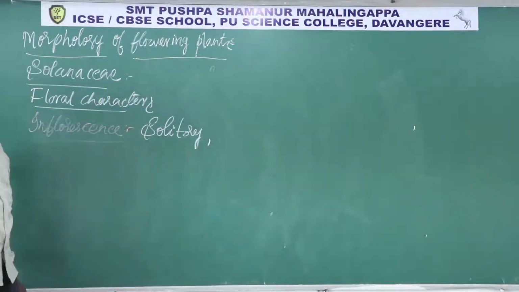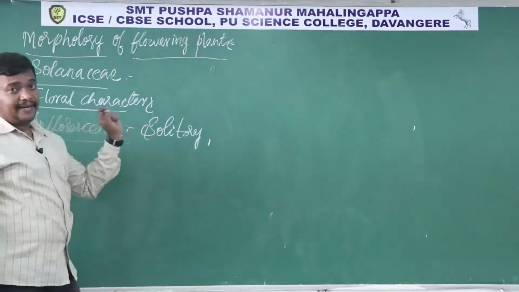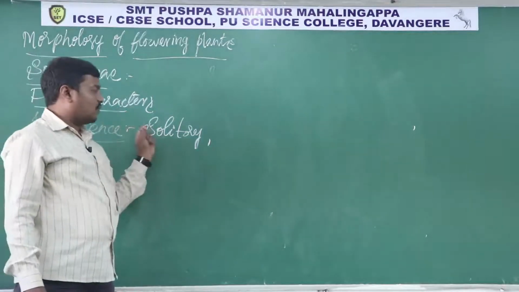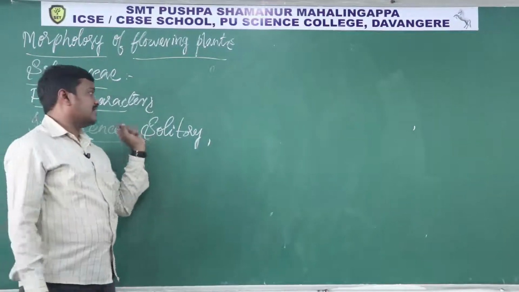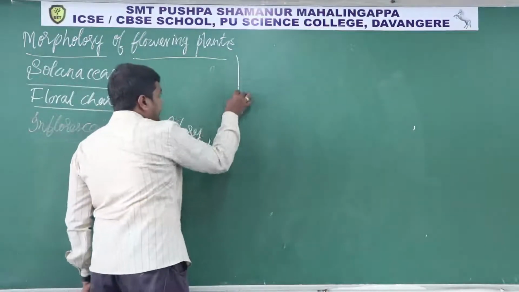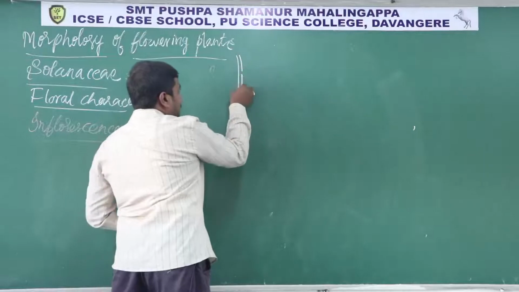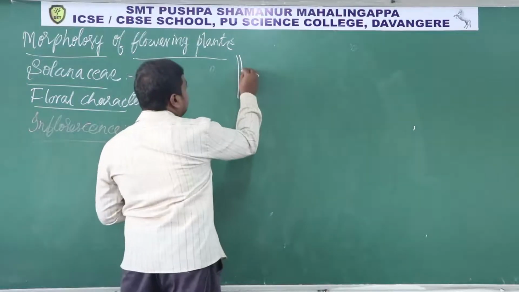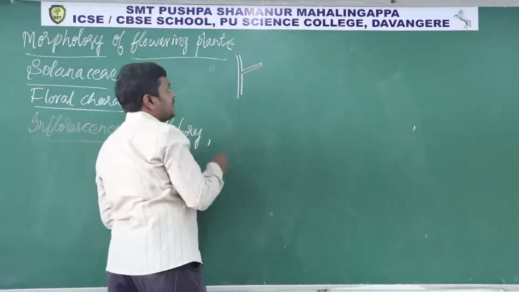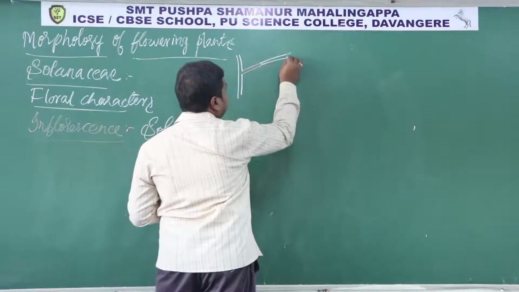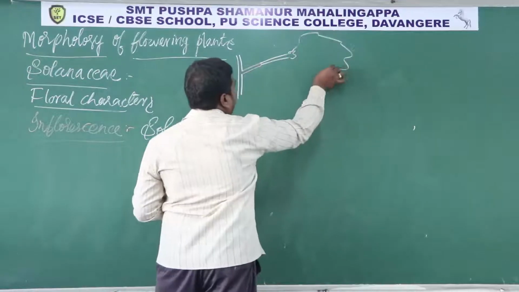Solitary means a single flower is present at the stalk of the peduncle. Okay, in inflorescence only one flower is there, a single flower, and that we call solitary. So in that solitary flower, actually there could be an inflorescence axis. So this is called inflorescence axis. At the tip of the inflorescence axis, the flower will be produced.